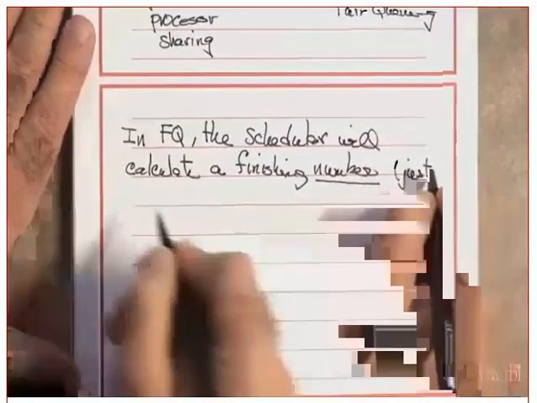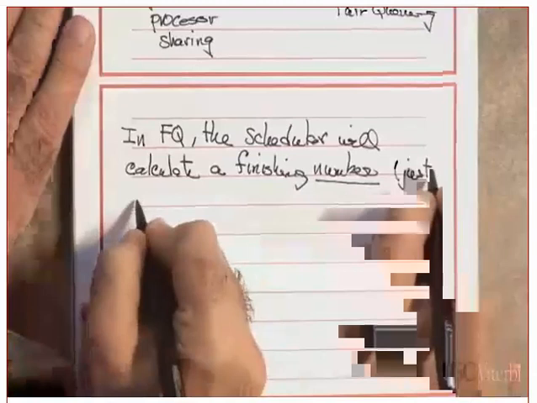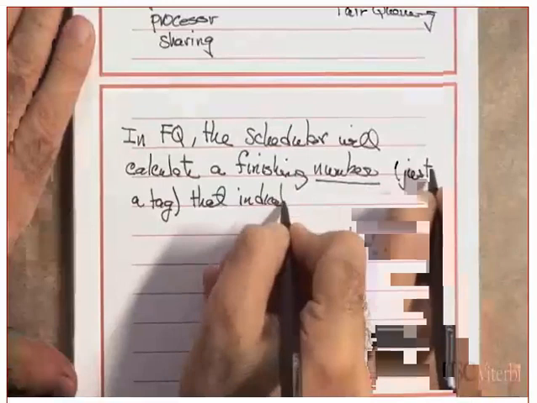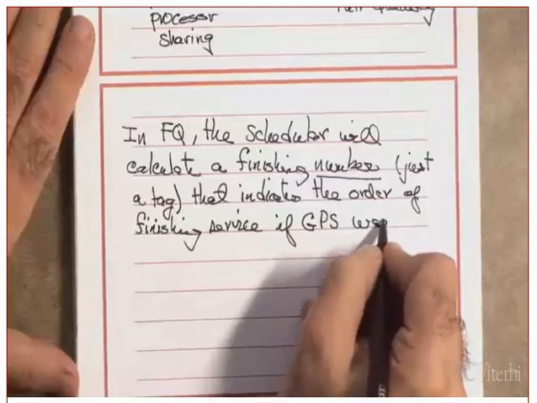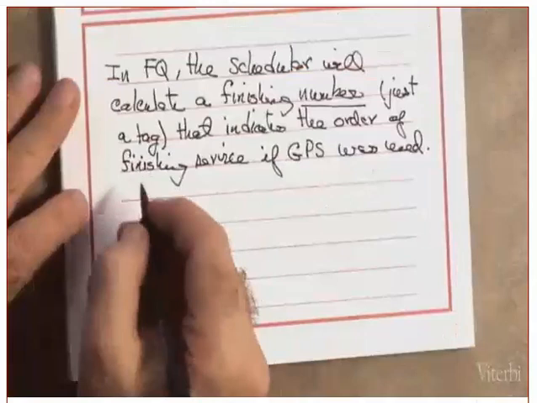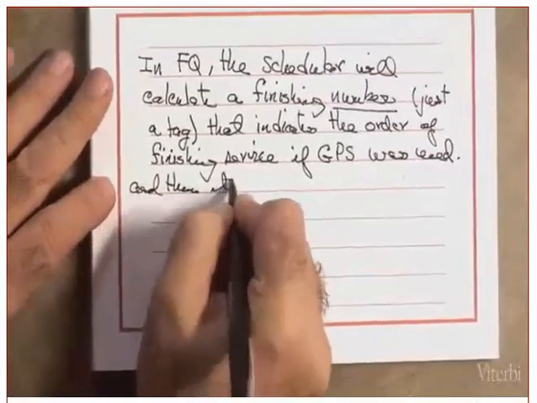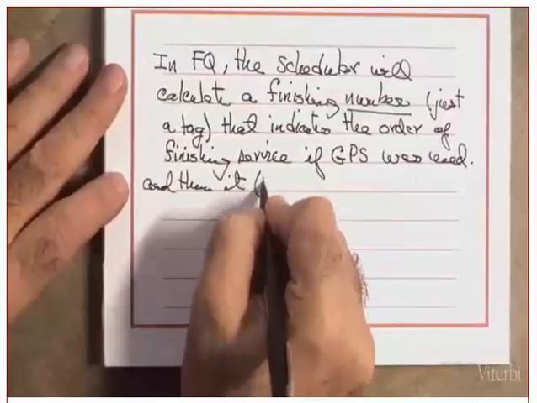And then the pair queuing will start service beginning with the packet of the smallest finishing number. Clear so far? Clear? Okay, I want to explain to you one thing before I give you the numeric.